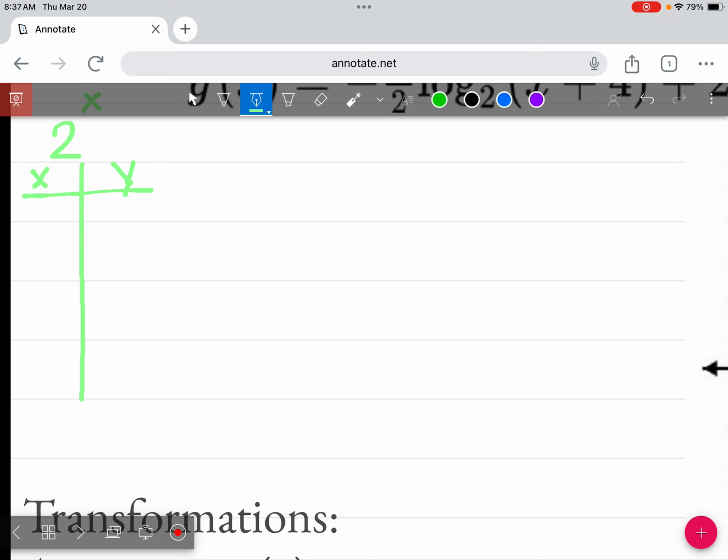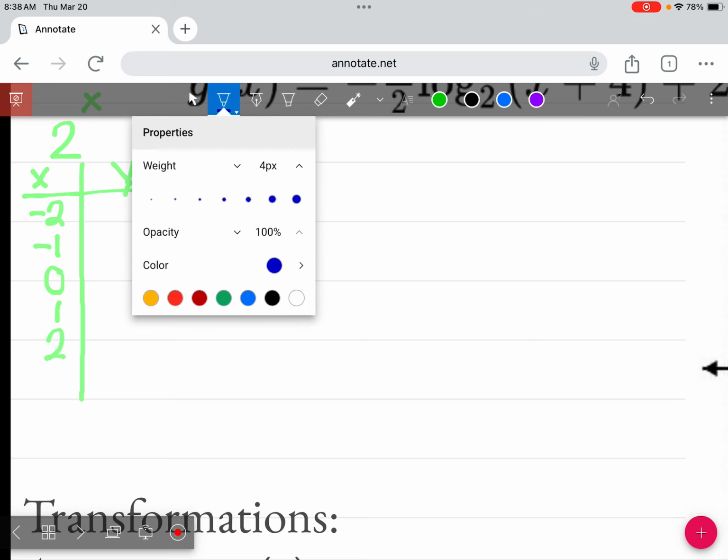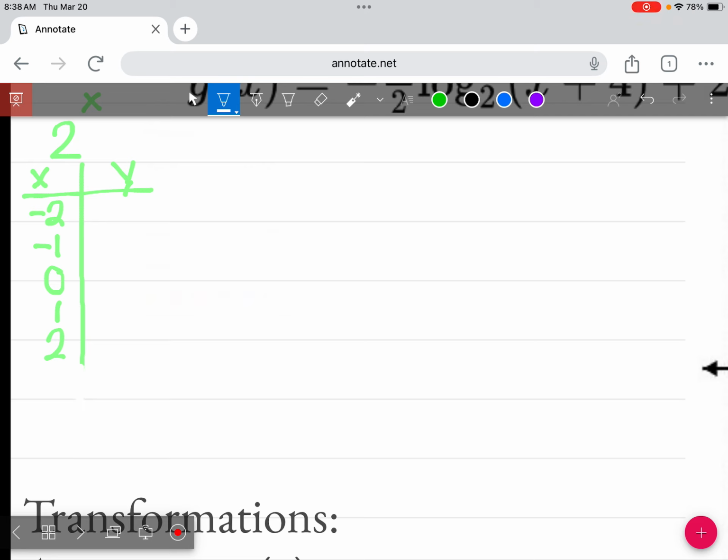So we pick our x's, like -2, -1, 0, 1, and 2. Can you see that one? Or is that too pale? I can see it mostly.